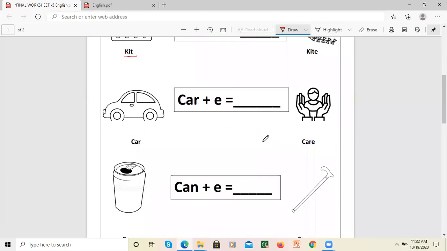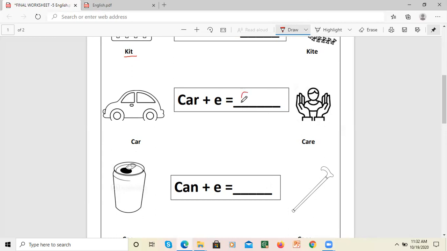Let's move down. Car is another word. In the exam, they will not ask you that, CAR plus E. They will just put two pictures that, okay, this is a car and this is what? As you can see on the hand, somebody is taking care. So car is a word.